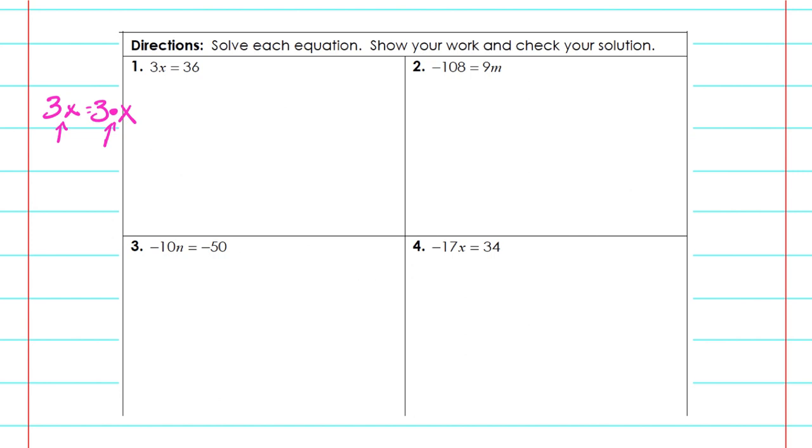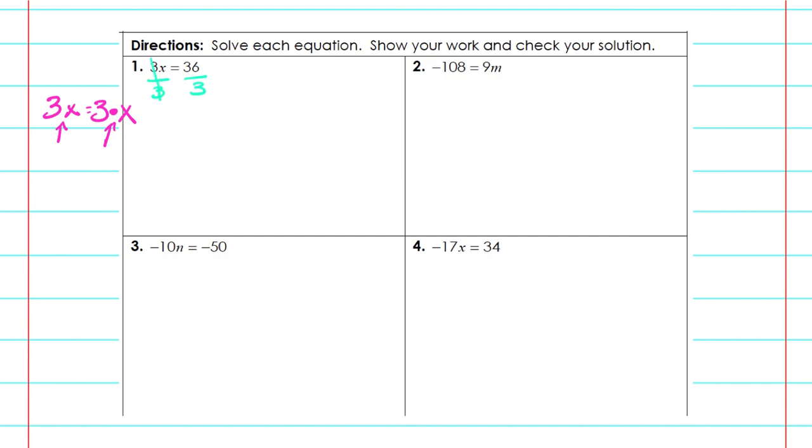Well, the inverse operation of multiplication is division. But I want to leave the x alone here. So I need to divide both sides by 3. 3 divided by 3 will give me 1. That'll cancel out.